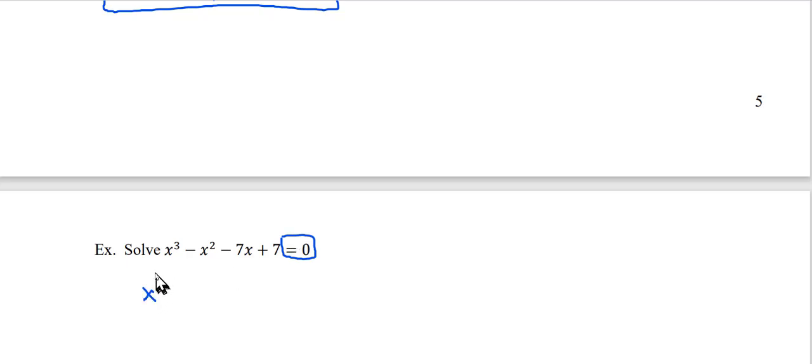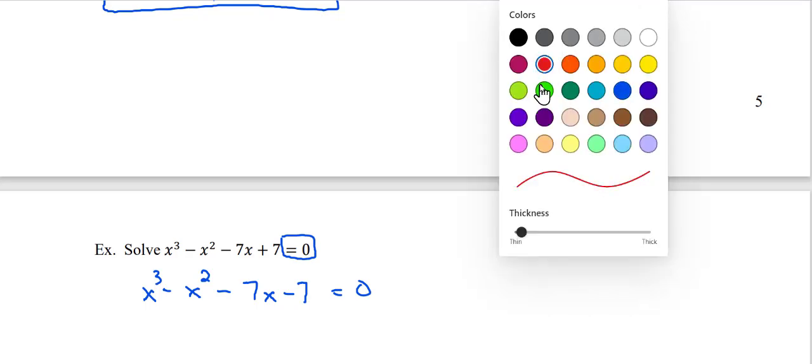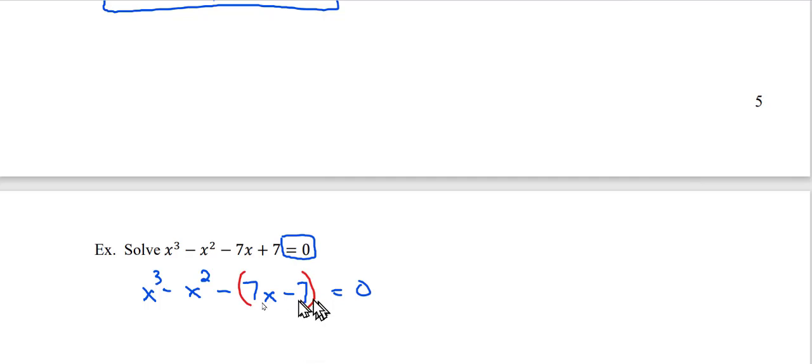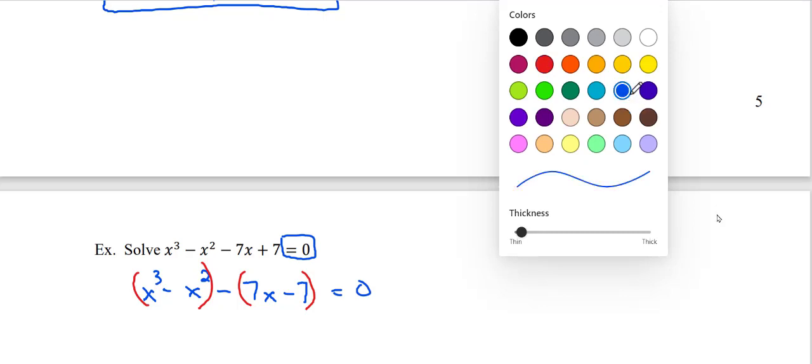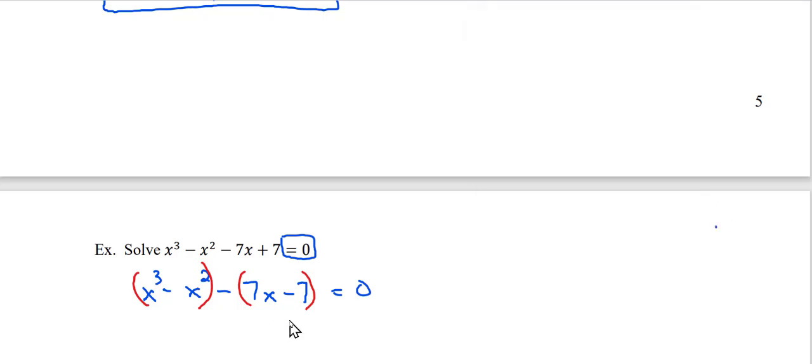So I'm going to group the first 2 terms together, and I'm going to group the next 2 terms together. Now notice I did a little something different there. Group and group. Notice my sign changed on that second 7 that I have there.